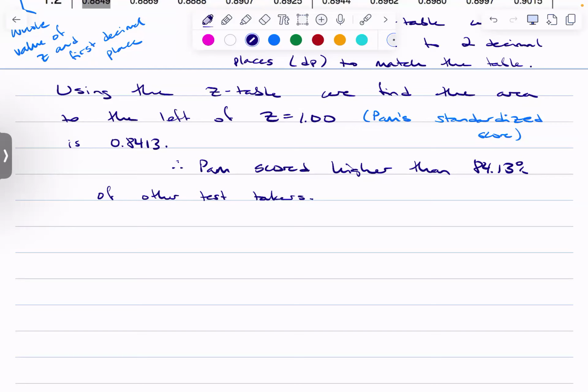How many scored above her? Or I should say, not how many, what percentage. It's kind of implied, but what percentage scored above Pam? Okay.